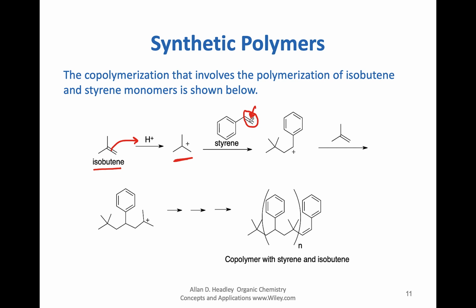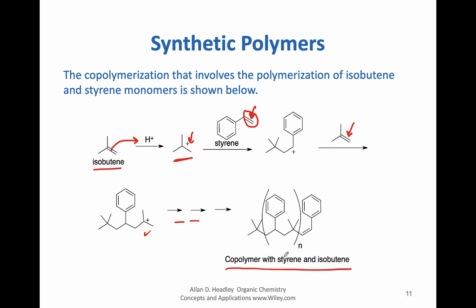So these electrons react with this carbocation to generate another carbocation here, and this is called the benzylic carbocation. It reacts with another molecule of the isobutene, and of course, as you can imagine, generates another carbocation, and it keeps going until we have our polymer here, copolymer, which is made from styrene and isobutene.